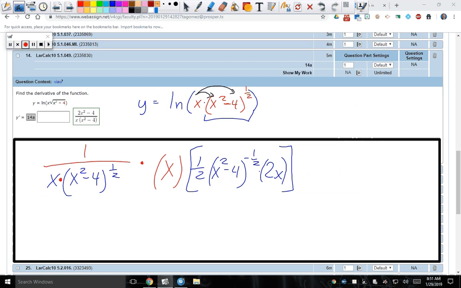Would the coefficient change, or the exponent, the negative 1/2? It did. You see that negative? Okay, so first times the derivative of the second plus the second, times the derivative of the first, which is just 1.